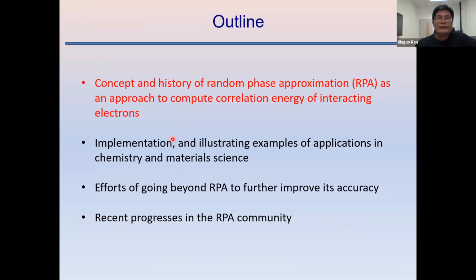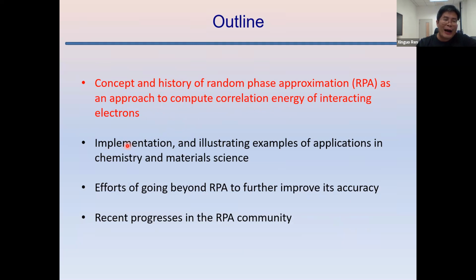Now, this is the outline of my lecture. In the first part, I will introduce the basic concept of RPA and discuss a little bit about its early history, as an approach to compute the correlation energy of interacting electrons.